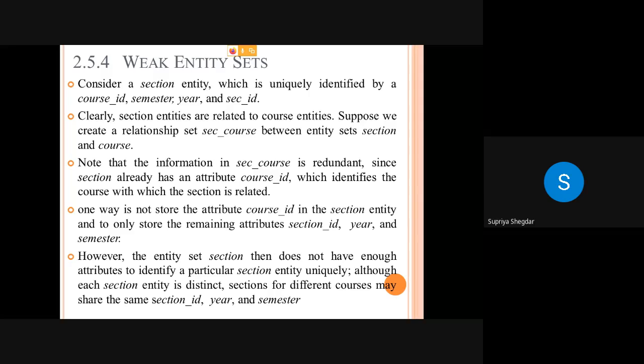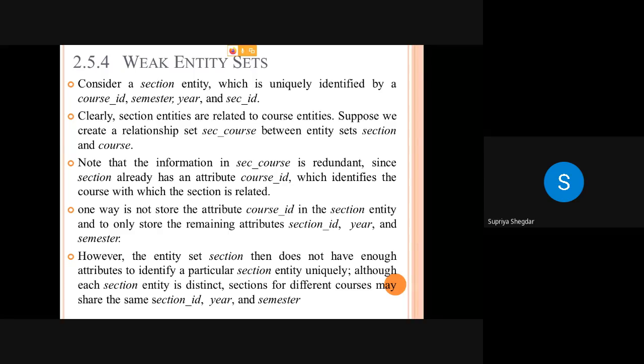Now consider the example of section and course. Consider a section entity which is uniquely identified by a course ID, semester, year, and section ID. Means the section is one entity, and the course ID, semester, year, and section ID are the attributes of the section entity.